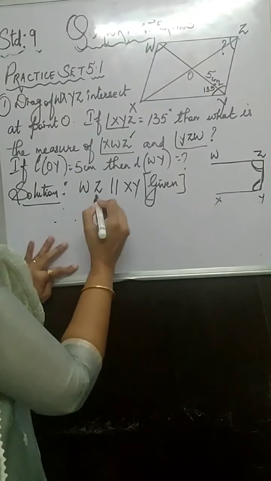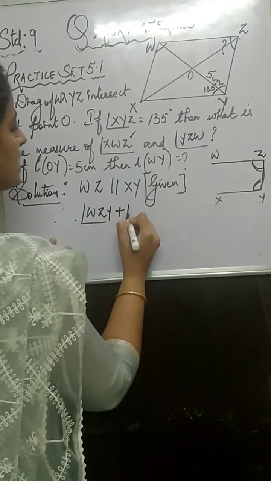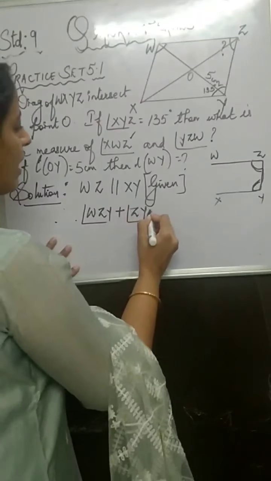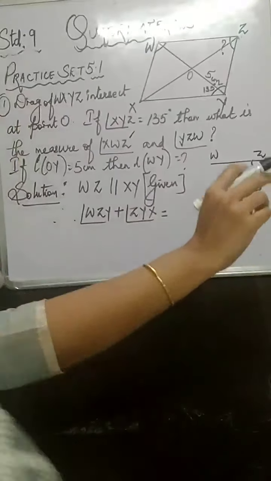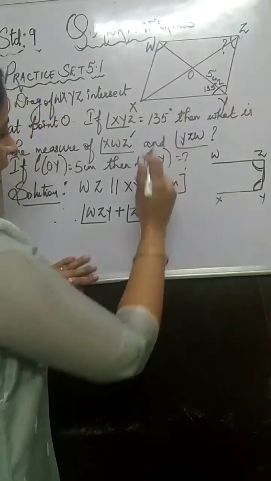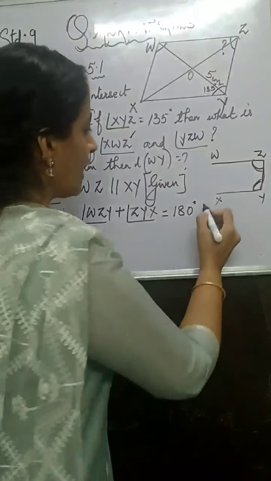So write that. Therefore, angle WZY plus angle ZYX is equal to 180 degrees. Reason is important.